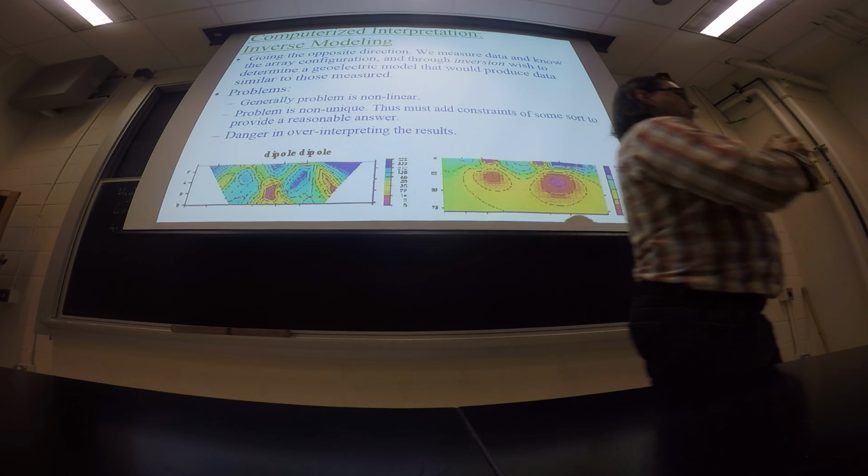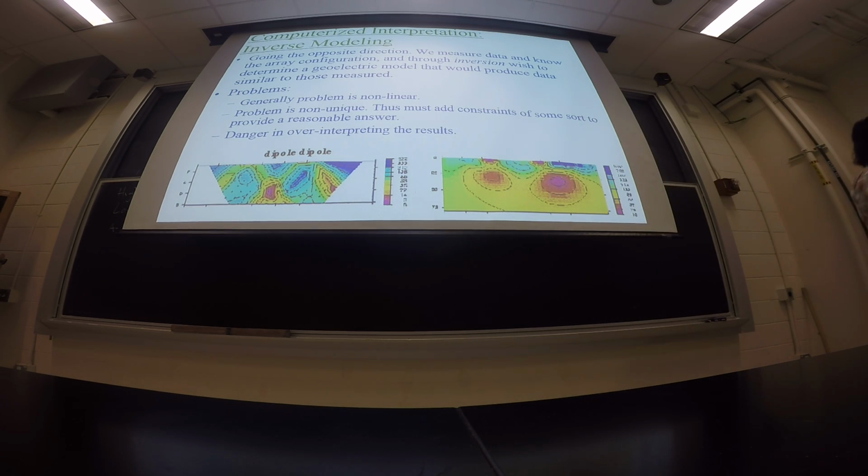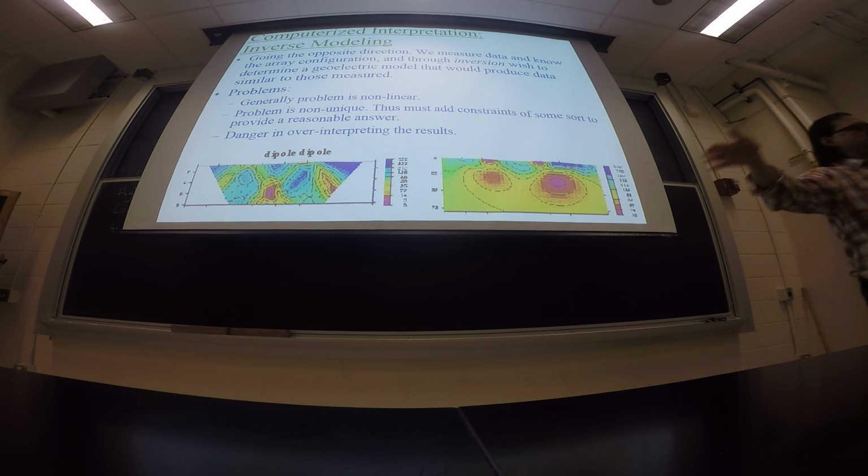That's where you somehow, have you done any homework problems where you've tried to simulate the Earth and generated a synthetic data set? For gravity or something like that? Okay, so you input some sort of density distribution and then simulated what the gravity anomaly would look like for that density distribution. Okay, that's called forward model.